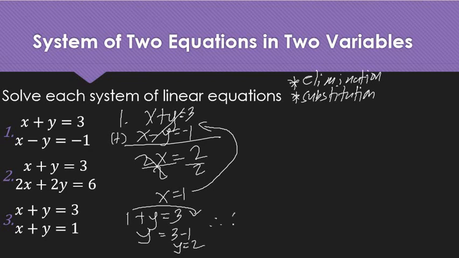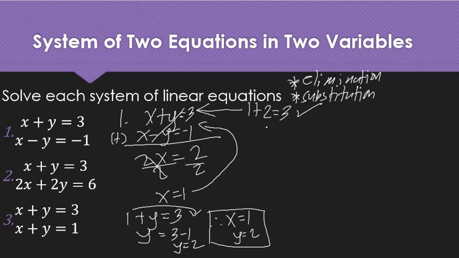Therefore, my solution is x equals 1, y equals 2, and that should satisfy both equations. We know that 1 plus 2 equals 3, so that satisfies this equation, and 1 minus 2 equals negative 1, which also satisfies the second equation. Hence, our solution is true.